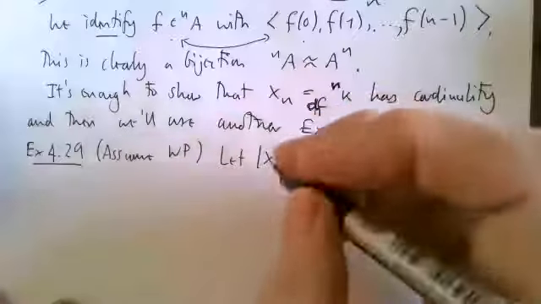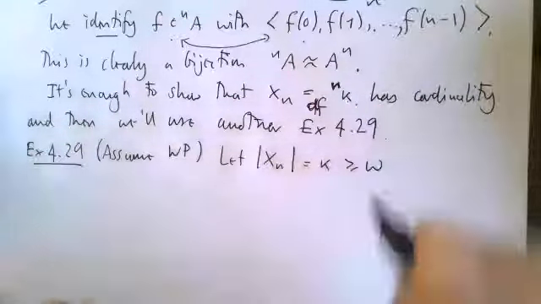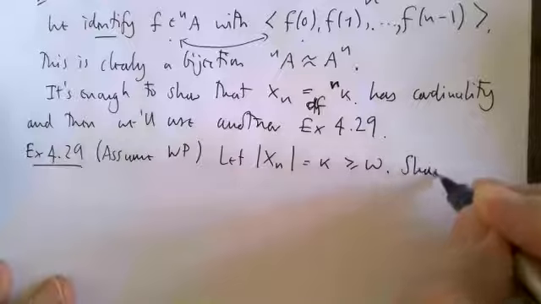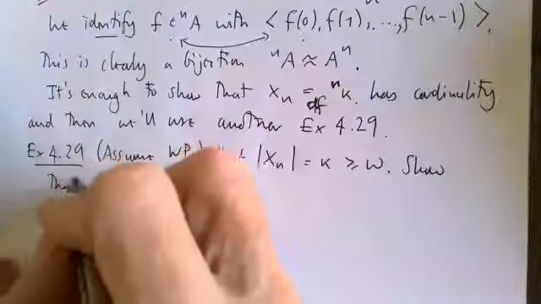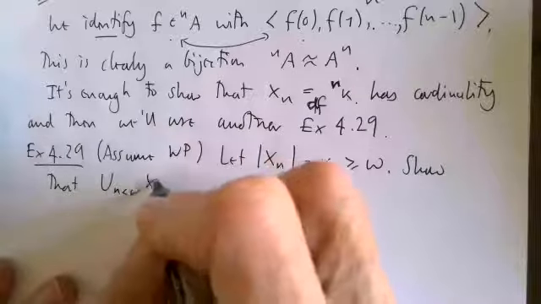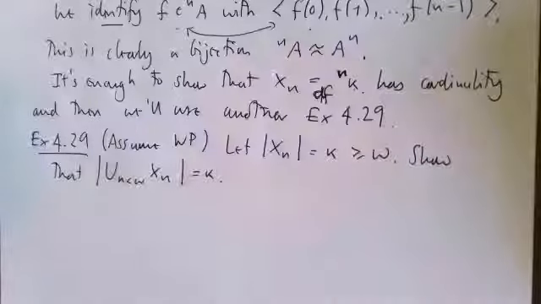Suppose Xn has cardinality kappa, where kappa again is infinite. Show that the union of these Xn has also got cardinality kappa.